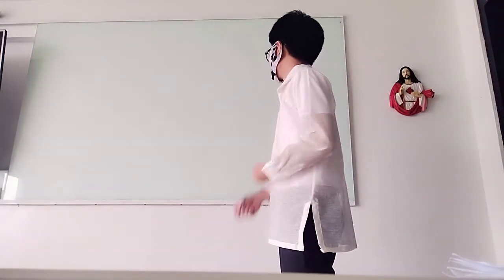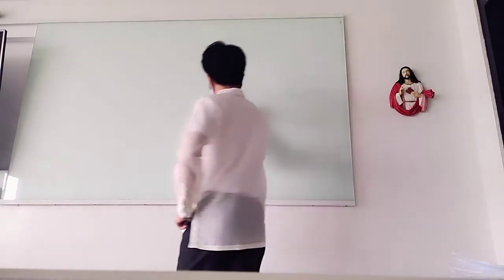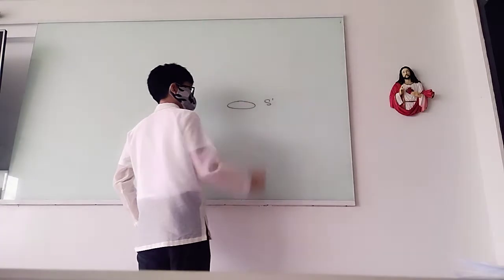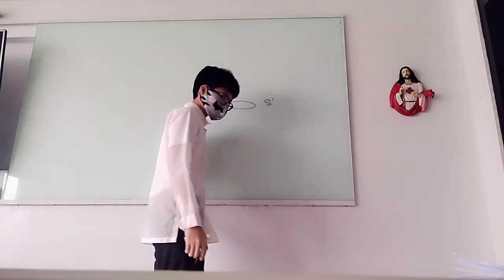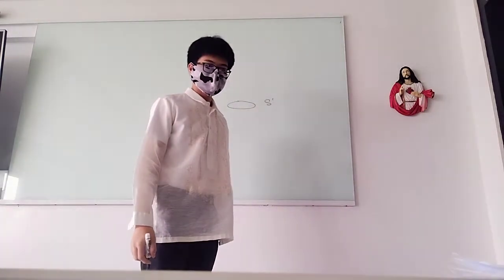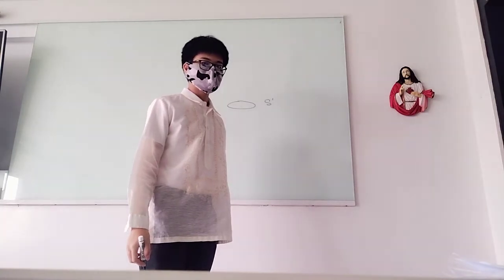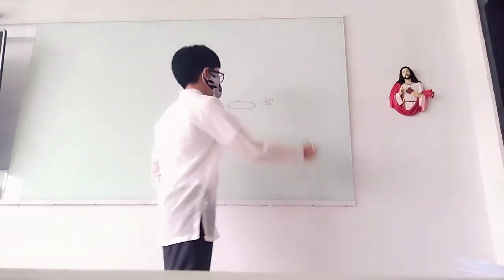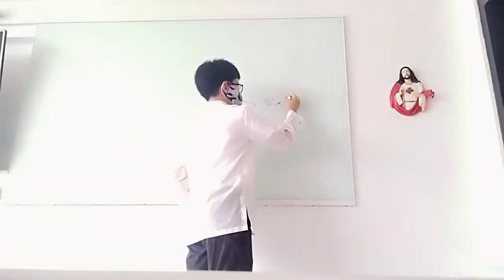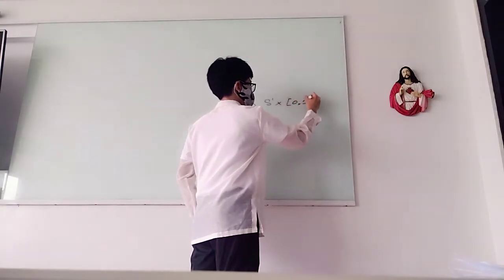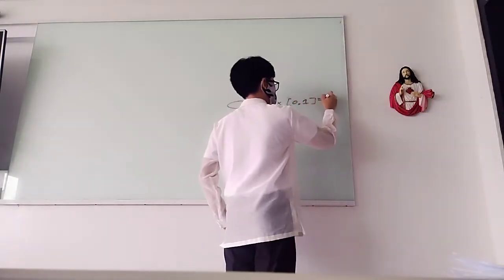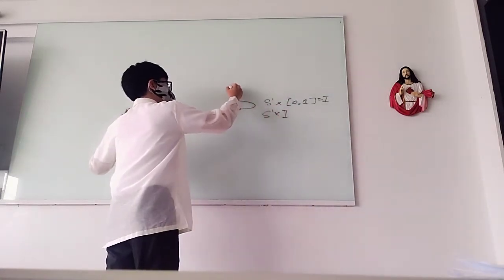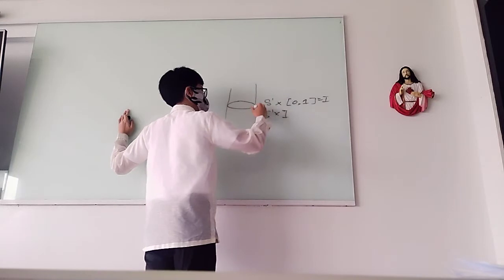So let's take a regular circle, S1. You guys know that. Now, what we want to do is take its Cartesian product with the unit interval 0, 1, which is just I. So S1 cross I. With that, we have multiple lines running through here.